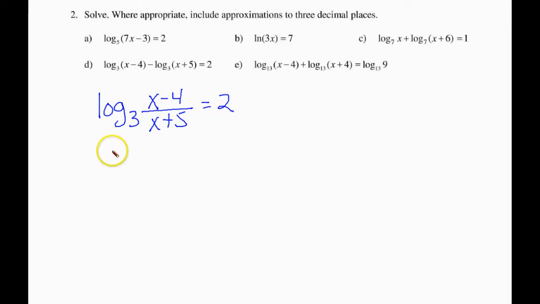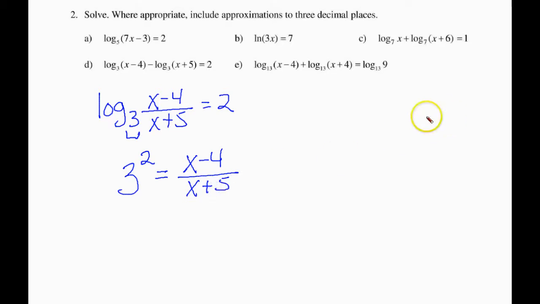Now, we are going to go our base, which is 3, to the exponent 2 equals x minus 4 divided by x plus 5. And 3 to the second, we know, is 9.